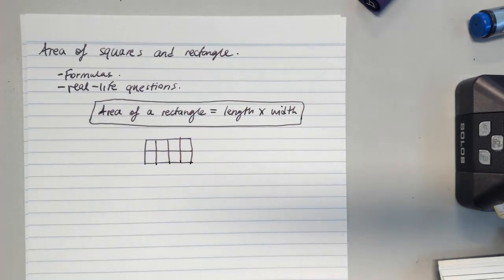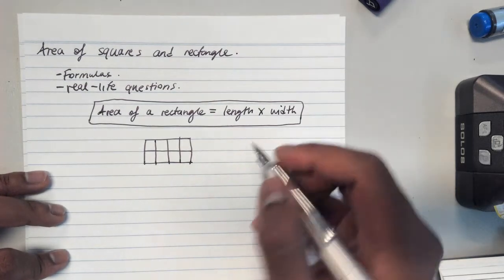So basically it's the number of unit squares, whether that unit is centimeter or kilometer or meter.